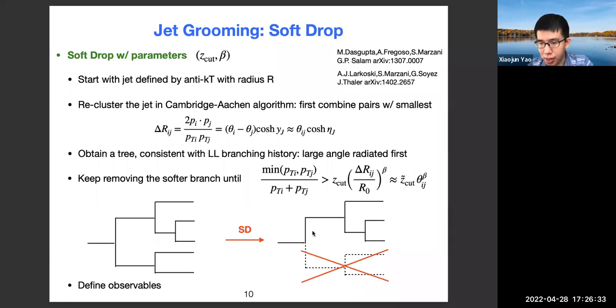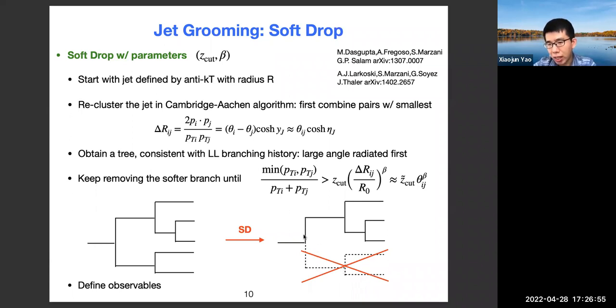So here is an example of how soft drop works. We go to the first branching point, and let us check this condition. Let's assume this condition is not satisfied at this branching point, and let's assume the lower part is softer. So we remove the softer branch completely, like everything that follows from that branch.